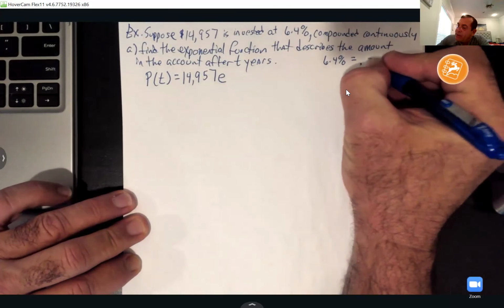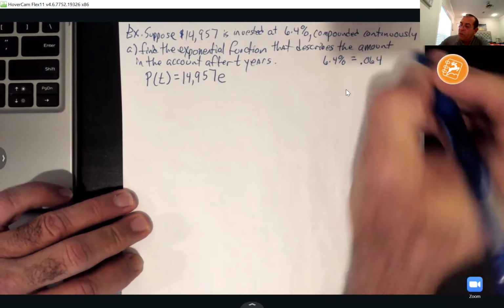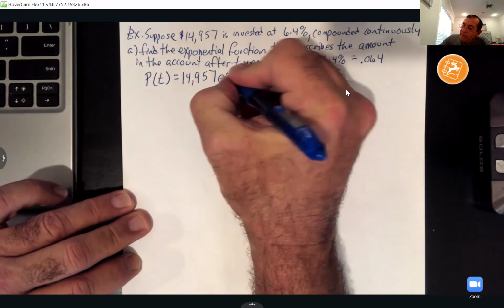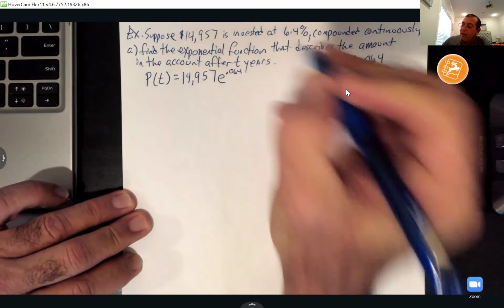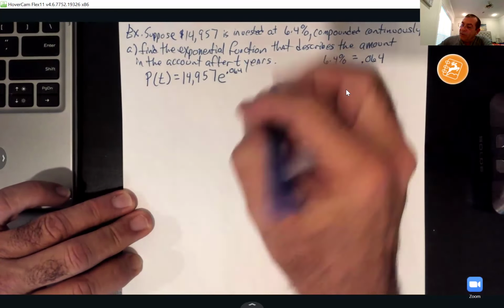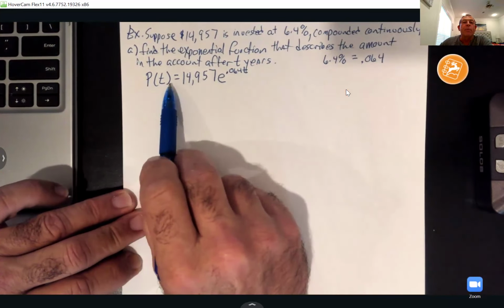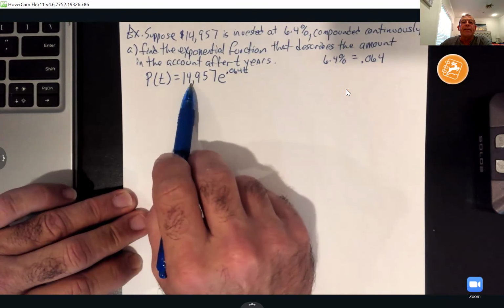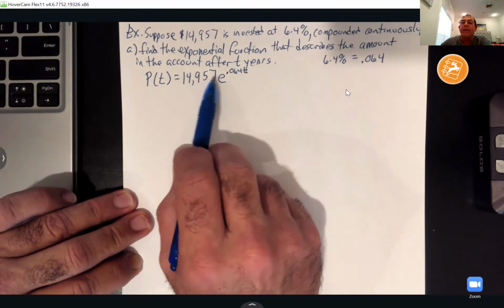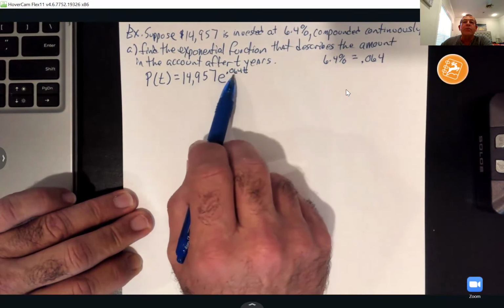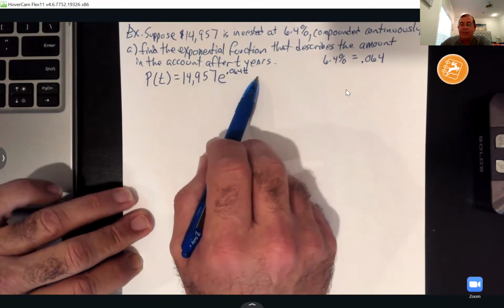So that's going to go for K. And then we put our T. So the basic formula that we'll use is 14,957 e to the 0.064 times T.